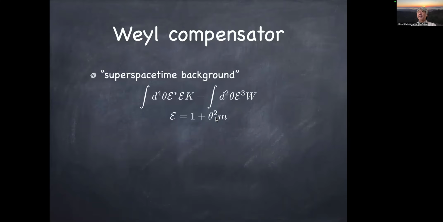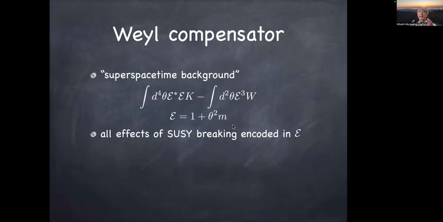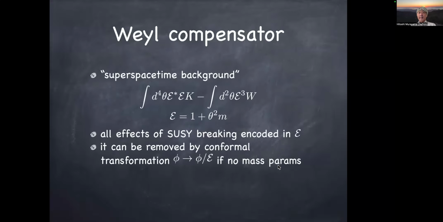And this curved space in the theta direction is captured by this single parameter m, which is the size of supersymmetry breaking, of mass dimension 1. So it has the dimension of an energy scale. This is basically the square root of minus g that goes into the Lagrangian. And then everything else is dictated by general coordinate invariance in superspace. All effects of supersymmetry breaking are then encoded in a power series in this parameter.